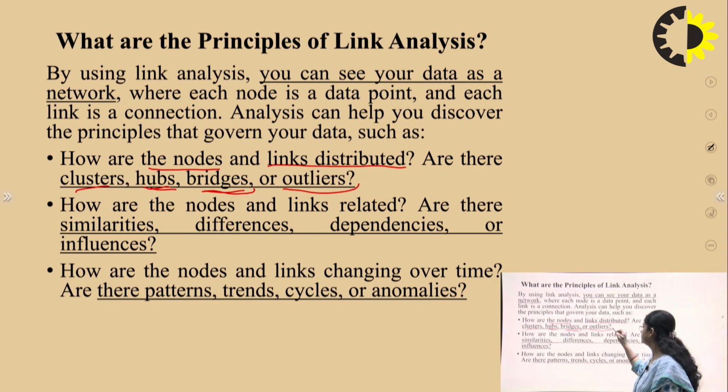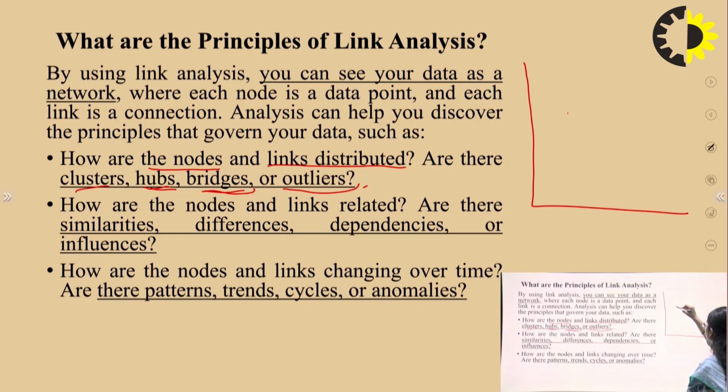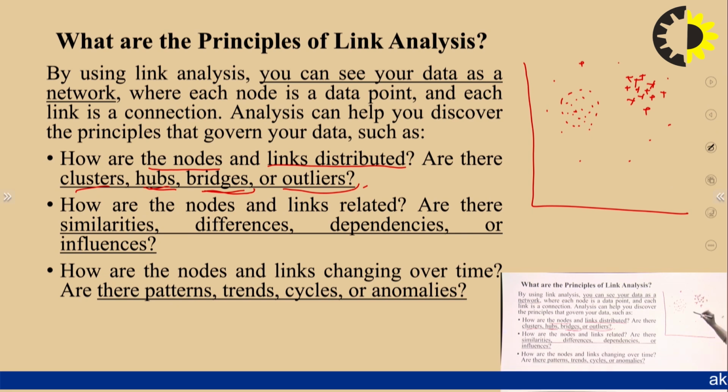And next is outlier. For example, we'll see in the graph, suppose these are different nodes. See, this cluster here, due to certain similarity or distance between each other, there is a certain minimum distance between each other, this forms a cluster.